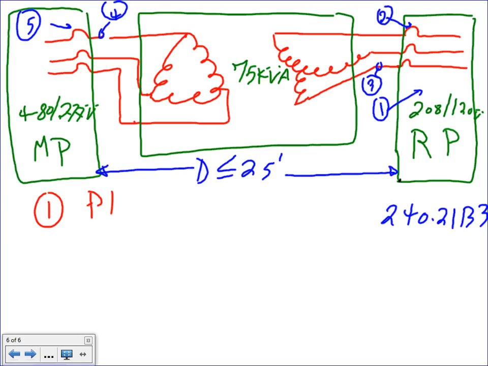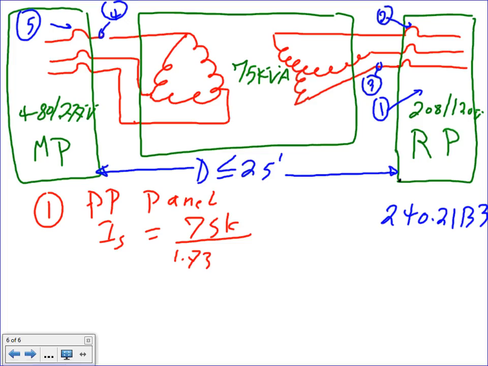I'm going to call this the RP panel. So find the full load current, I secondary, equal to 75K divided by 1.73.